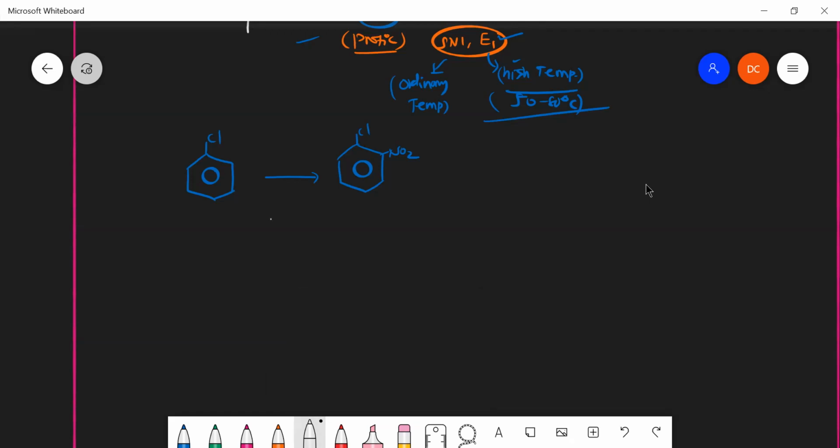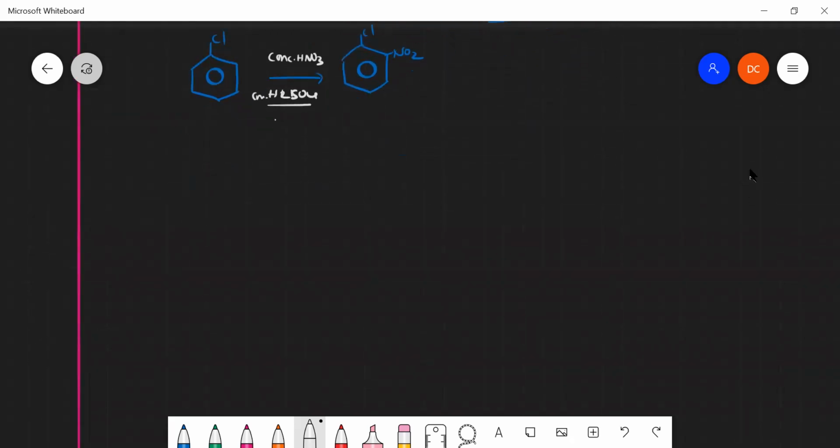Nitrating mixture. Concentrated HNO3 and concentrated H2SO4, both we have to take. That's a nitrating mixture. We have to use this nitrating mixture, so then only can we get a nitro-substituted product, because it's an electrophilic substitution reaction.